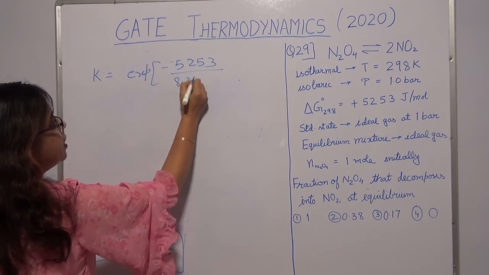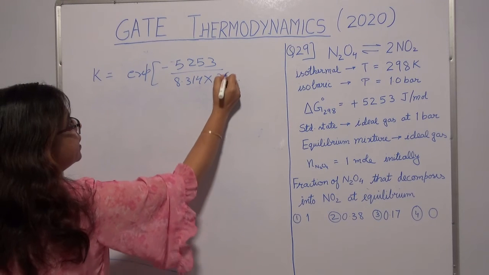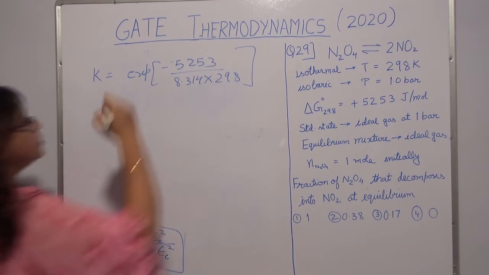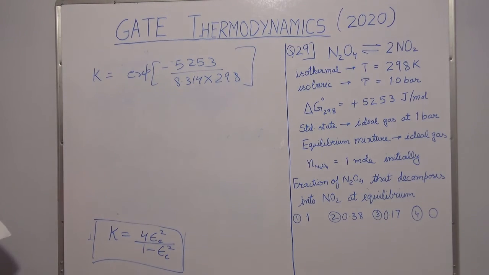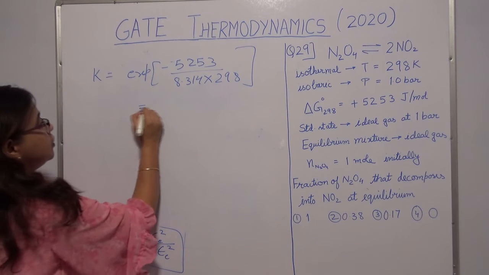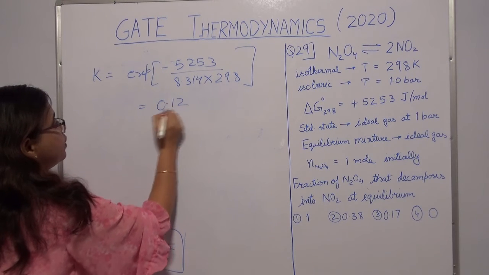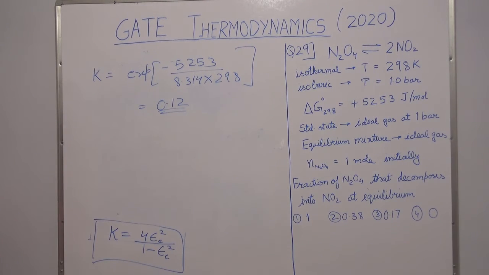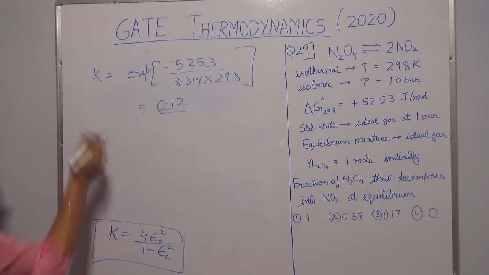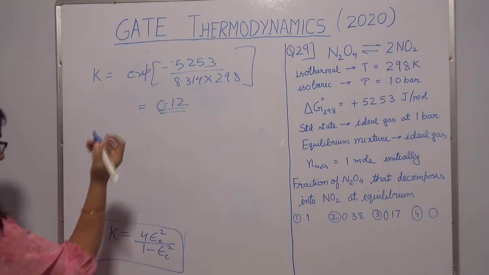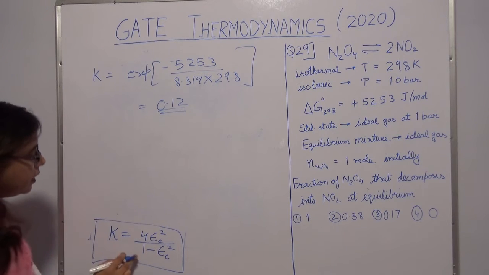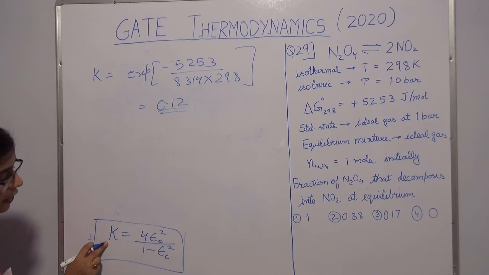R is 8.314 and T is 298. So do this calculation, and what you will get is that your value is 0.12. Now let's first simplify this before putting the value of K.